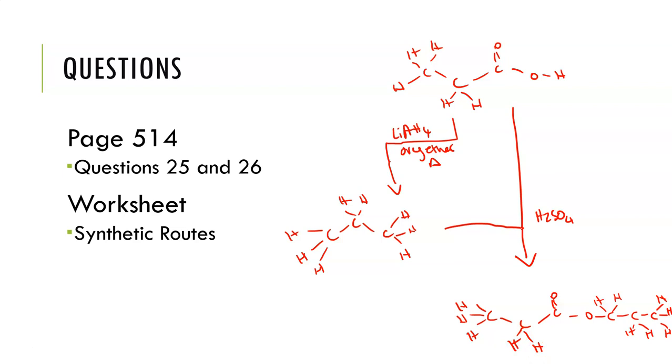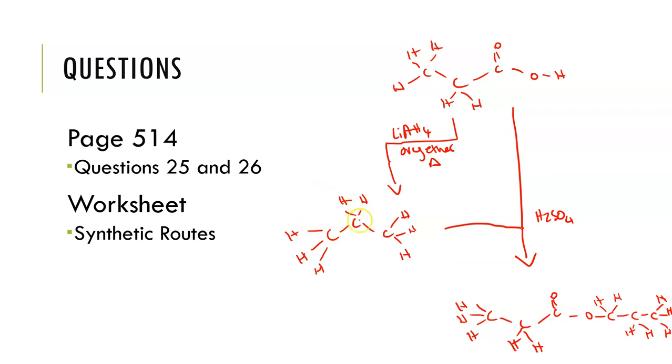Now I want you to think about, can you write a pathway for this same molecule where we start from a more simple compound? We have the acid, but perhaps we could start from the alcohol.